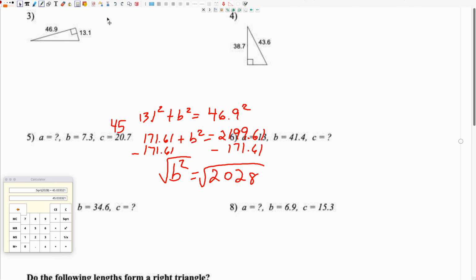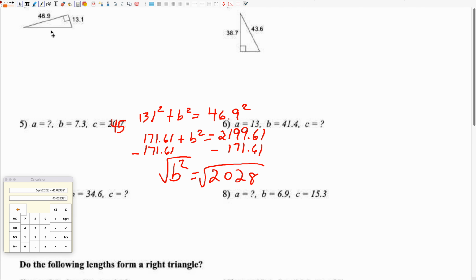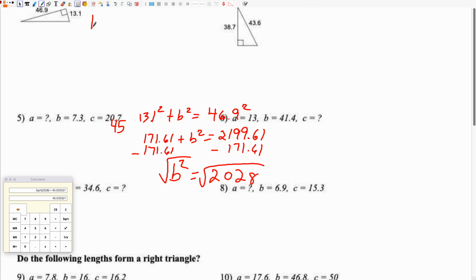13.1, whoops, I still thought I grabbed the pen. Hold on. I wanted to change colors and everything. There we go. 13.1 squared plus, not plus b squared. This time we switched where the things are at. Plus 46. So this is no longer the hypotenuse.